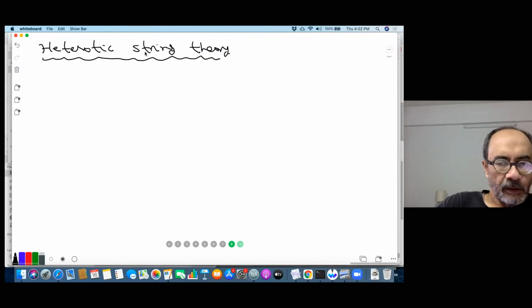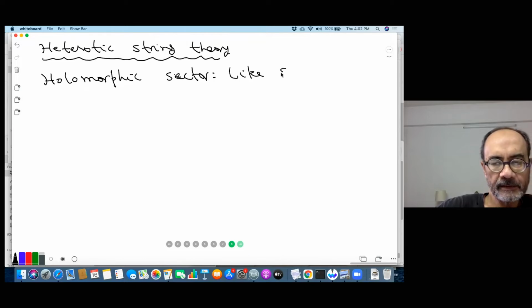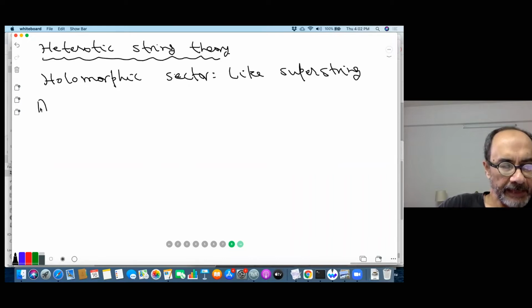The heterotic string theory is a mixture of superstring and bosonic string, in the sense that the holomorphic sector is like superstring, and the anti-holomorphic sector is like bosonic string.